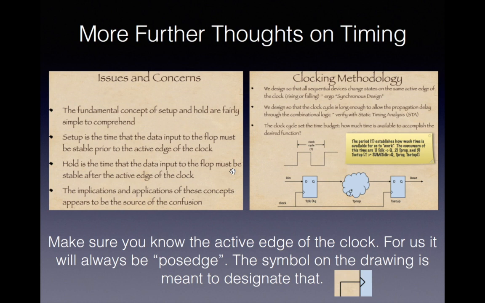Hold comes in when we're talking about clock skew. And I think I have a slide or two about that, but we'll come back to that. So on the right, we've already talked about it. Make sure you know the active edge of the clock. For us, it always will be positive edge, and the symbol is meant to designate that.